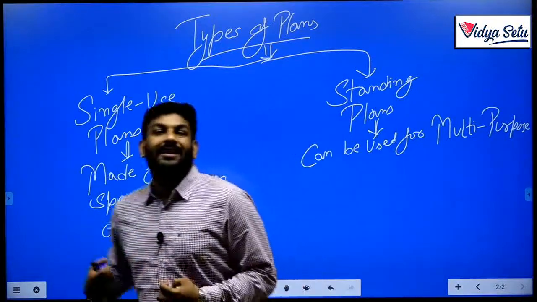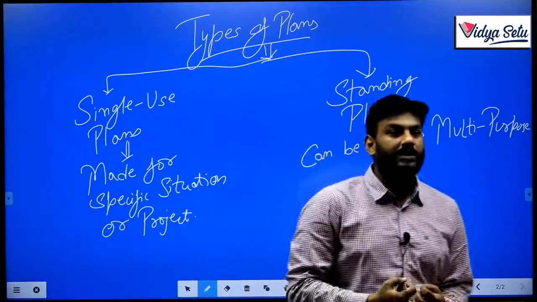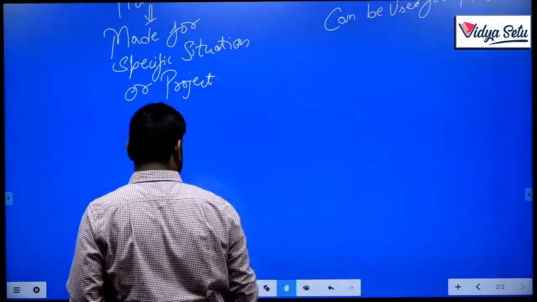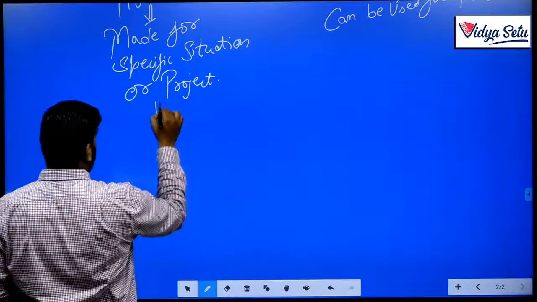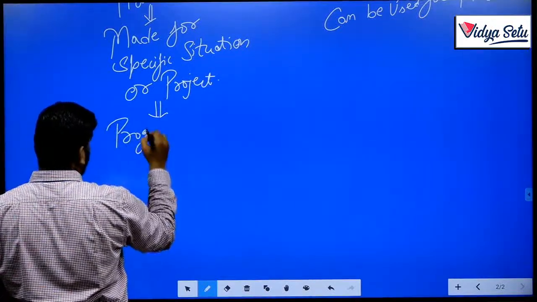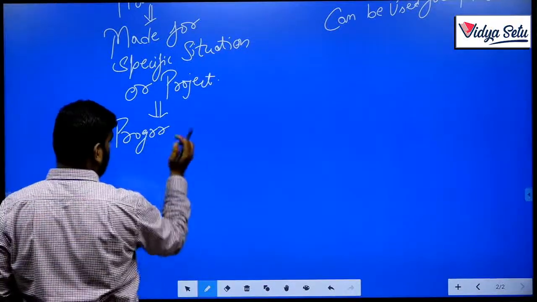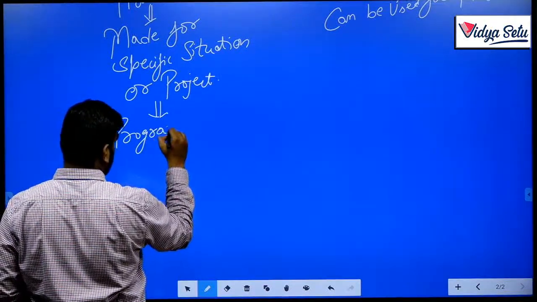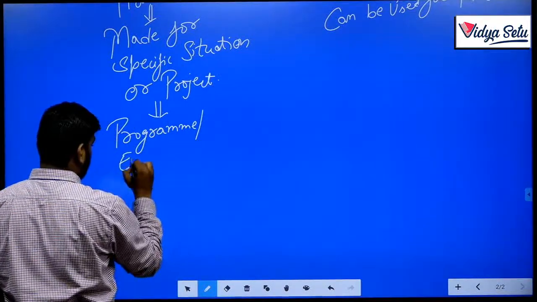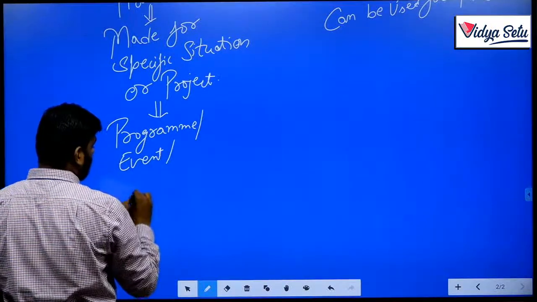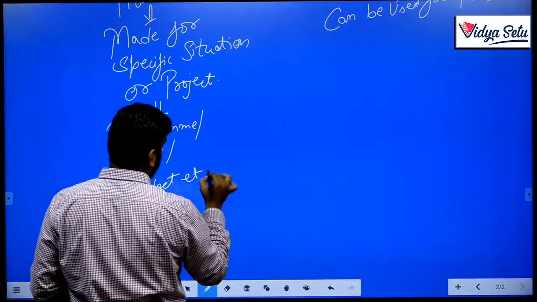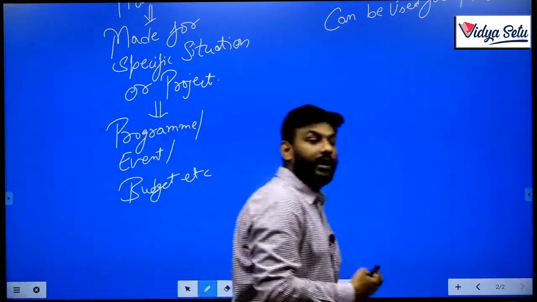Let's see the examples. Single use plans generally deal with things like any program or event, or budget, etc. These are all single use plans.